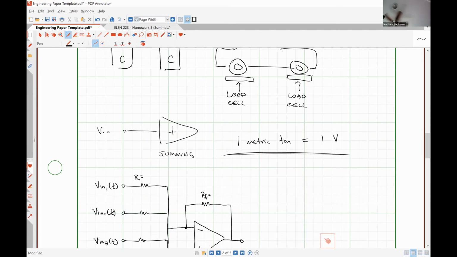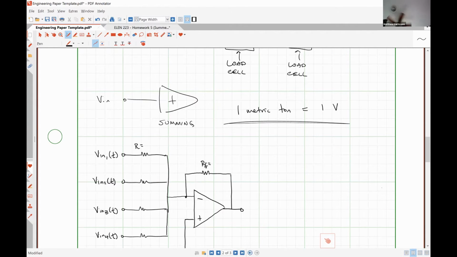For instance, let's say that on this input here, VN1, I have a weight of 800 kilograms, which means my voltage signal should be 800 millivolts, right?